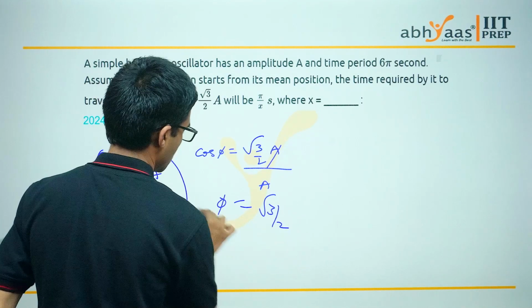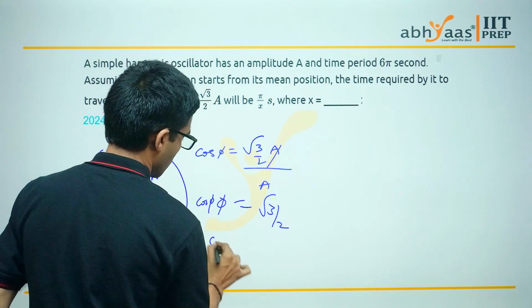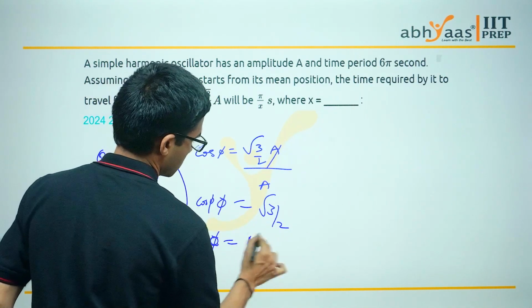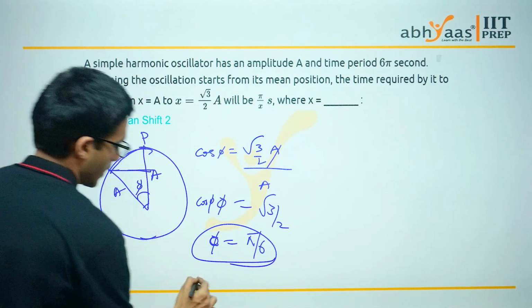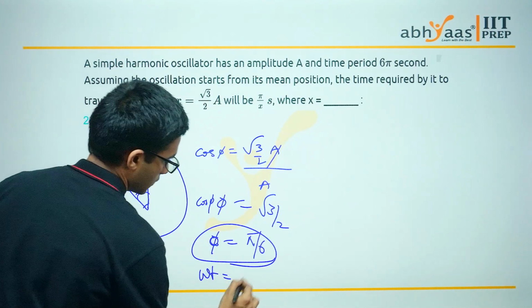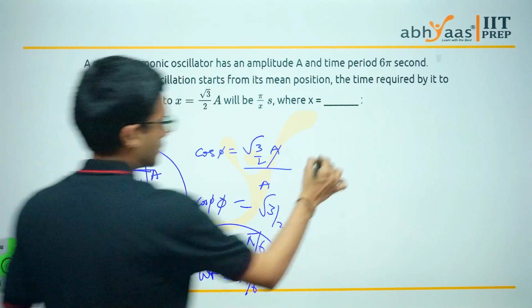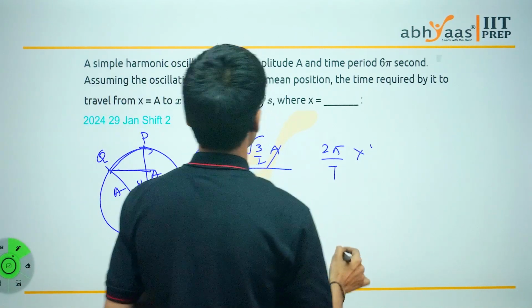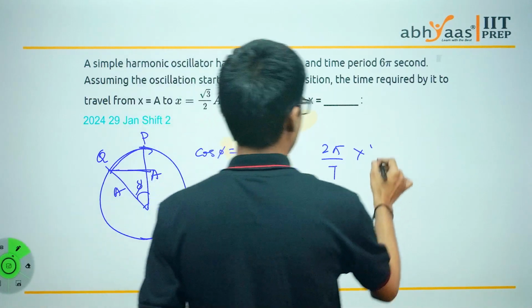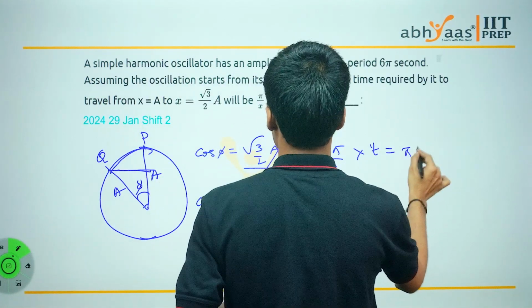Cos phi equals root 3 by 2, that means phi is equal to pi by 6. Similarly, phi is omega t, so omega, which is 2 pi by T, into time is equal to pi by 6.